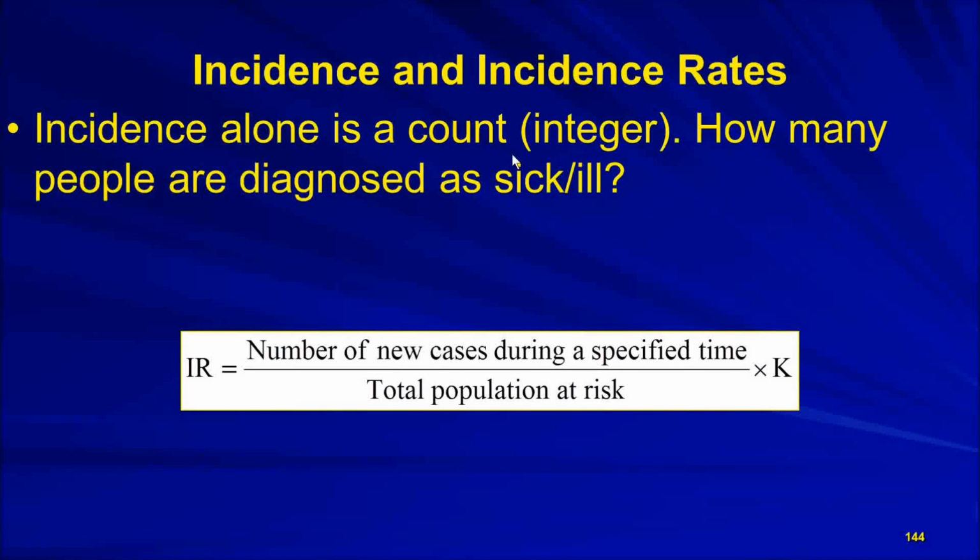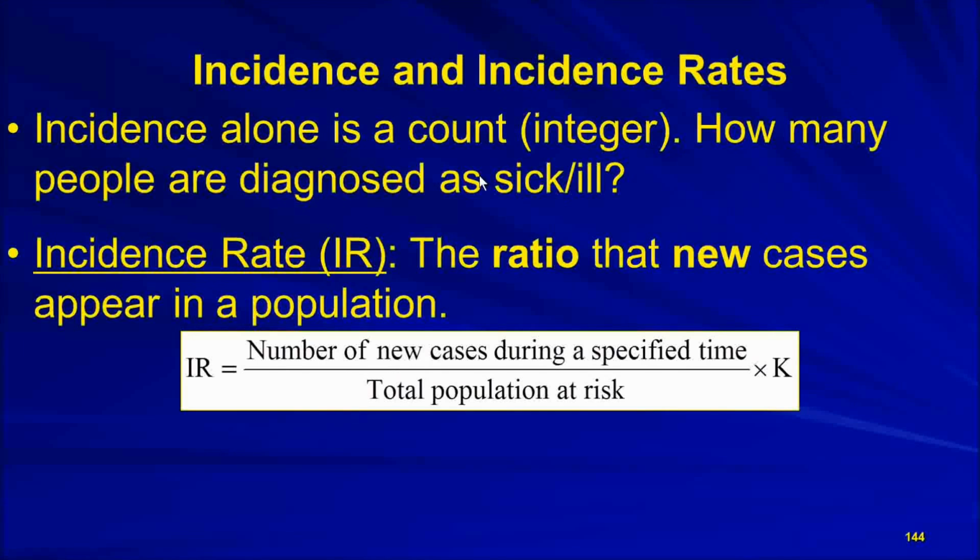You're going to count people. Now, an incidence rate is a ratio, and I'll talk to you more about that ratio, but it's the ratio that new cases appear in a population. So when I mean incidence, I mean a brand new case first identified.